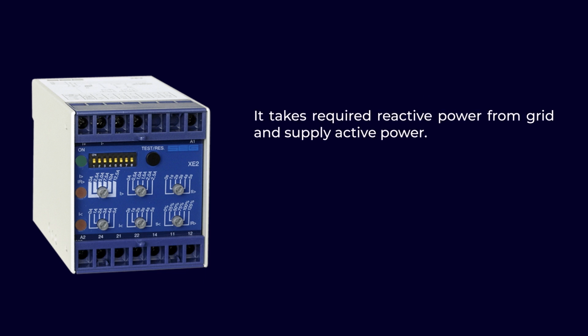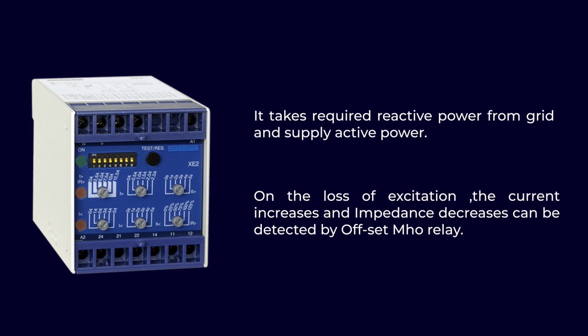It takes the required reactive power from the grid and supplies active power. This causes overheating in the circuit. On the loss of excitation, the current increases and the impedance decreases, which can be detected by the offset mho relay, which is a type of distance protection technique.